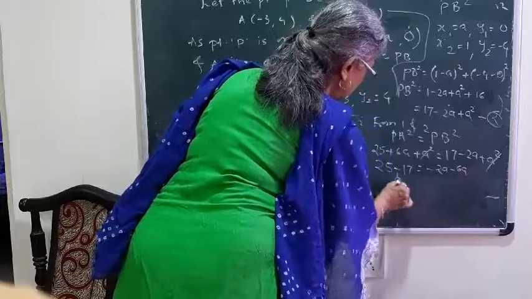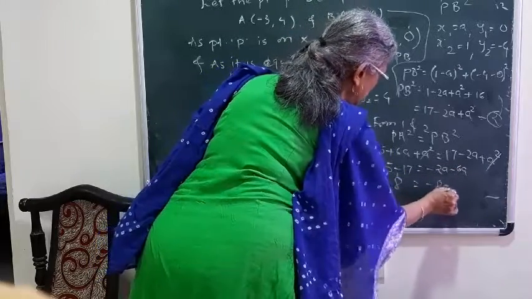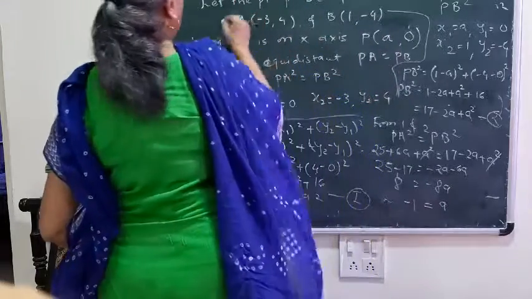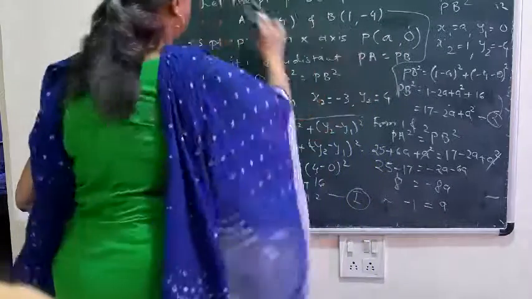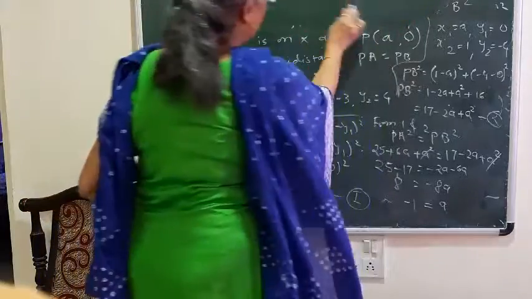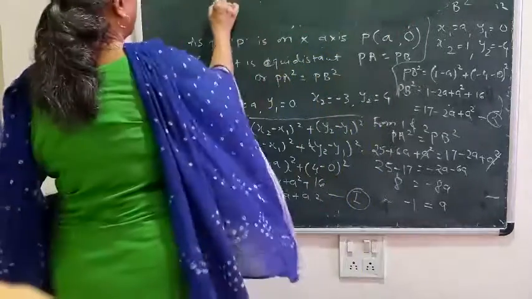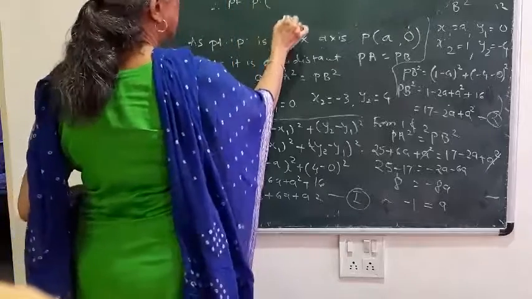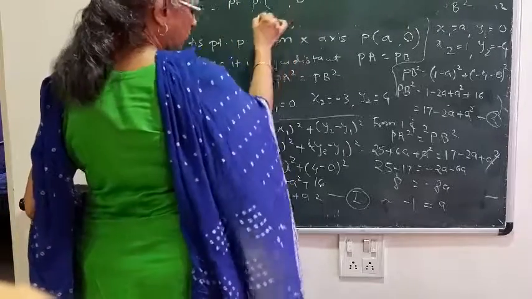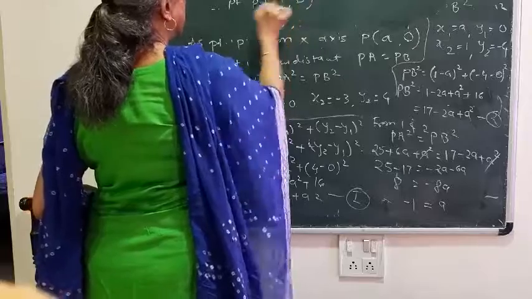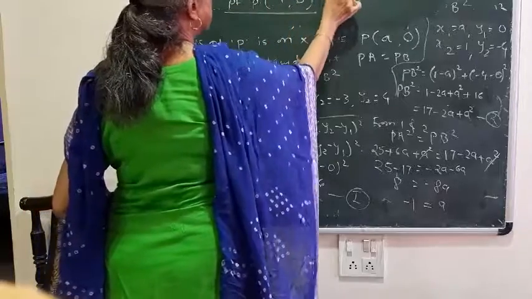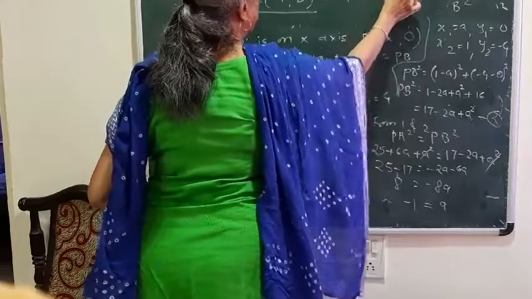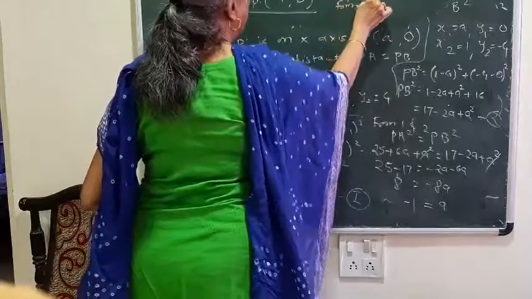So 8 is equal to minus 8a. a is equal to minus 1. Therefore, point P will have coordinates: y coordinate is 0, x coordinate we have minus 1. It is equidistant from A and B.